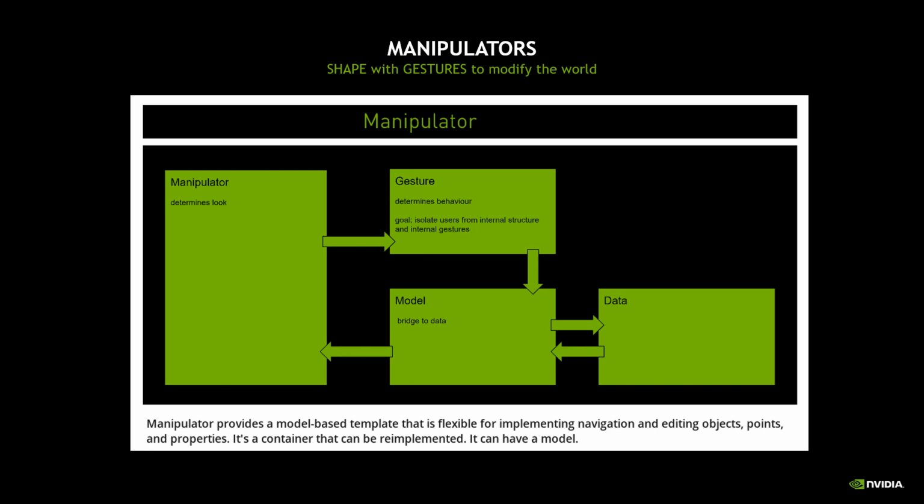And the model object is, similarly to Omni UI, a binding between these actions and some backend object, maybe a USD prim, or maybe a vertex CV, or maybe just some other concept that you have inside your applications. It enables you to create generic manipulators that can be bound to the data in a very modular way. All of those working together enable you to create really great manipulators in your world.